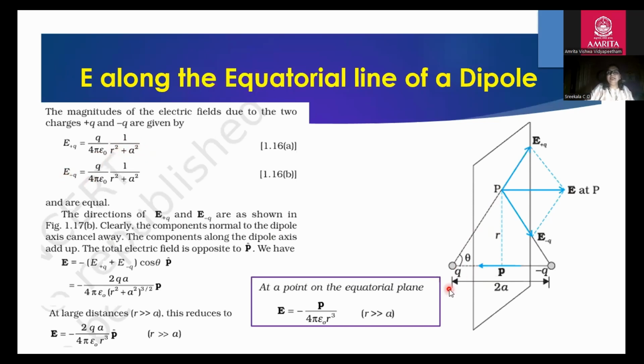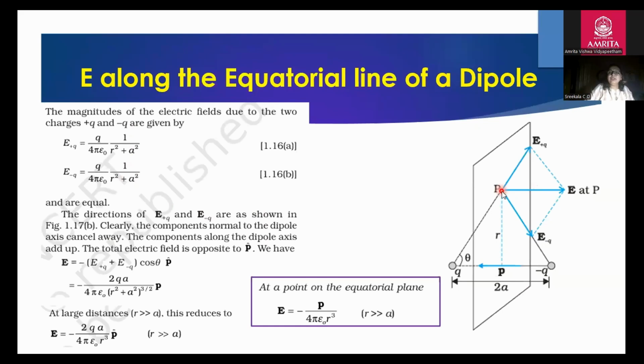Due to the minus q charge also, the value is the same, 1 by 4 pi epsilon 0 into q by r square plus a square. The magnitude is the same, but look at the direction.